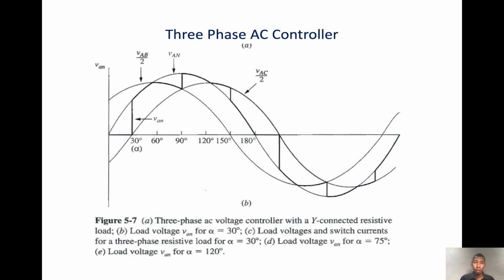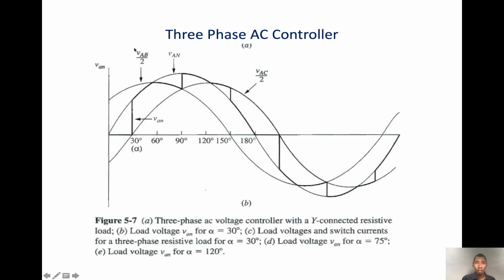In the case here, when alpha is 30 degrees, there are 3 thyristors on: thyristor 1, thyristor 5 and thyristor 6. When the 3 thyristors are on, the output follows this curve, which is the phase voltage VAN. So from this point to 60 degrees, 3 thyristors are on.